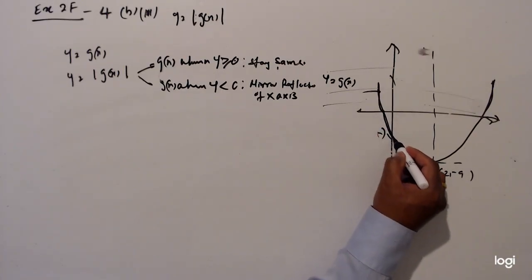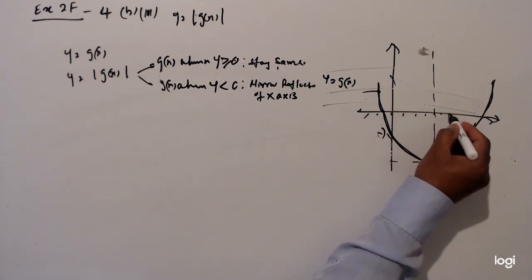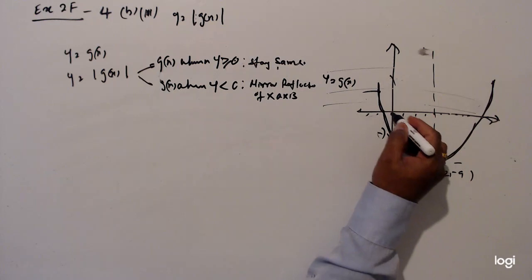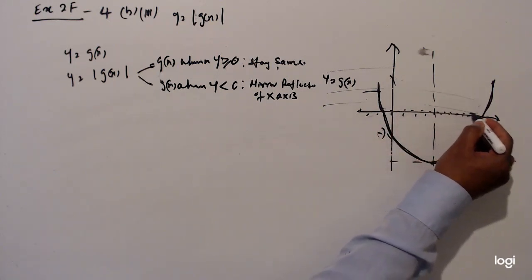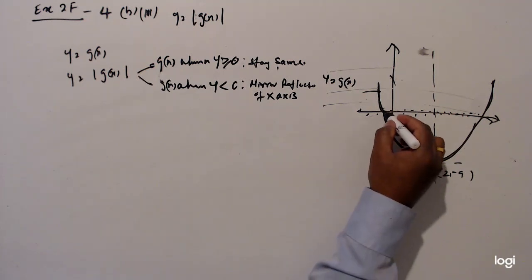So for only this area, the graph behavior is the mirror reflection of the graph.